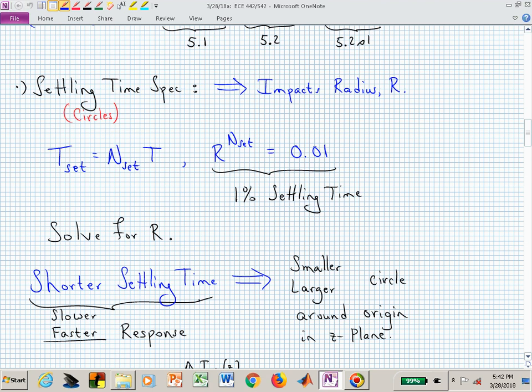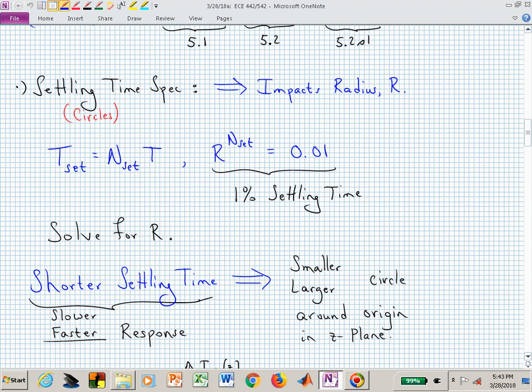If you want your settling time to be shorter, what does that mean? Do you want a slower system or a faster system? This is now a fill in the blank, and I have two answers for that blank. I need you to circle. I guess slower is up and faster is down. Can that be any more confusing, just because slower is above faster? Or do you want to do it the other way around? This way everybody will be confused, and if you get your thumb in the wrong direction, you can just say it wasn't clear what you wanted.